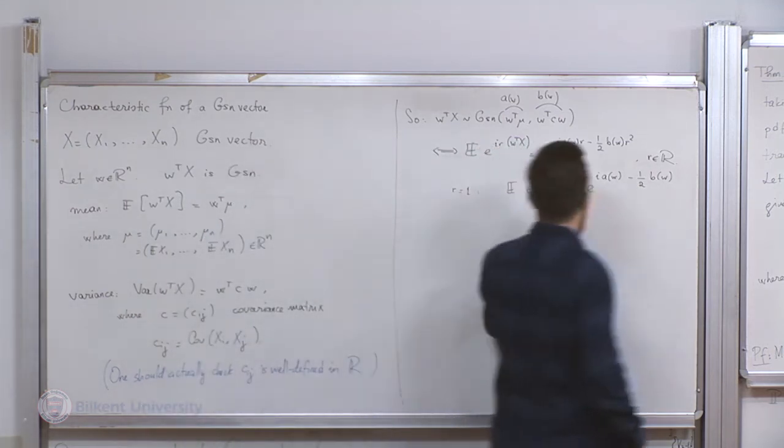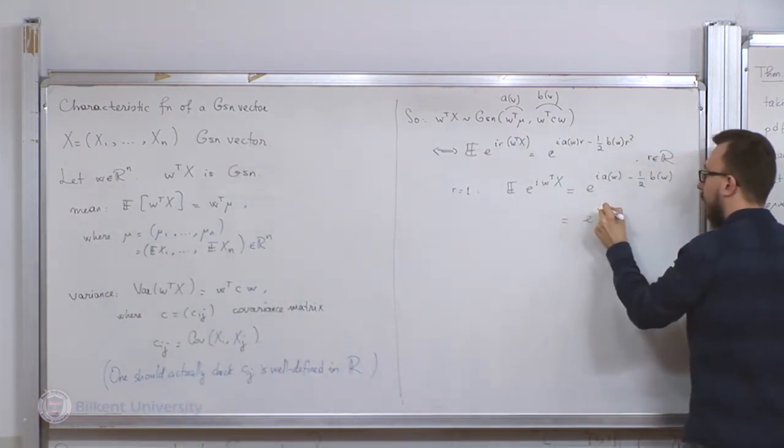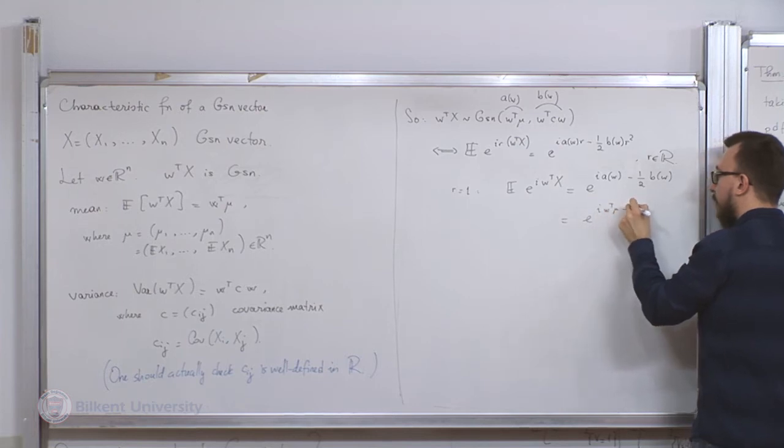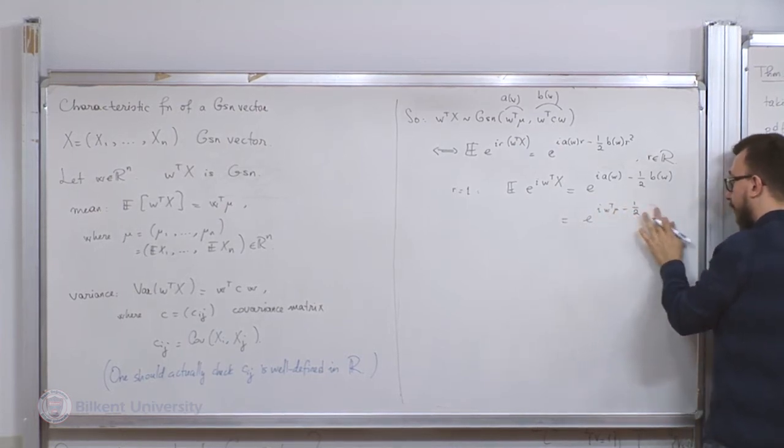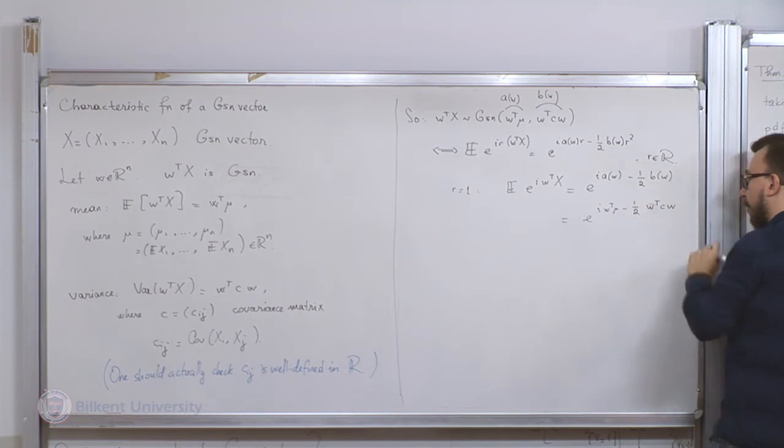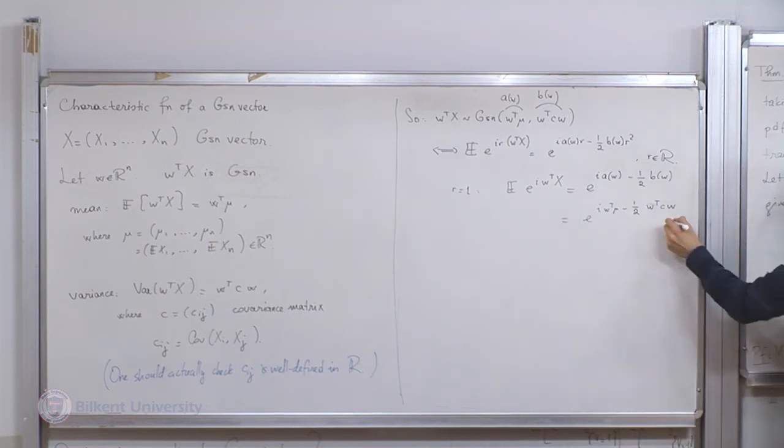If you want to write it in full, i W transpose mu minus 1/2 W transpose CW, for every W.